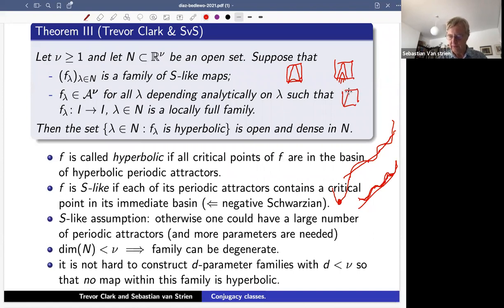For example, you have a map like this in it. This is a degree 4 map, where all the critical points touch the appropriate boundaries. So you can make an easy statement of this form. Does that answer your question, Lorenzo?